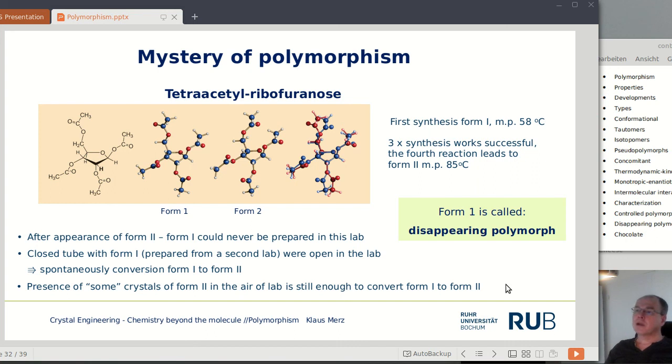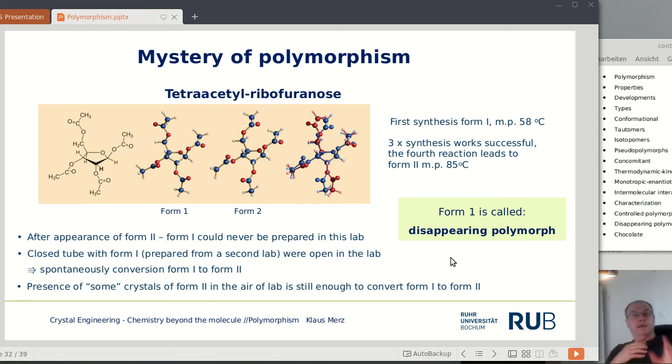And in this situation, we talk about disappearing polymorph. Form 1 as a disappearing polymorph. Yes. And well, okay, it's this mystery. On the other side, this is a huge problem in the pharmaceutical industry, definitely.